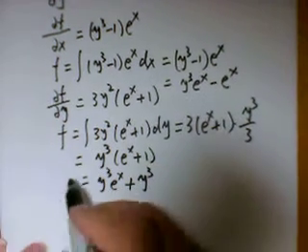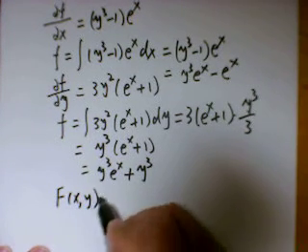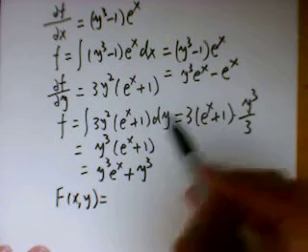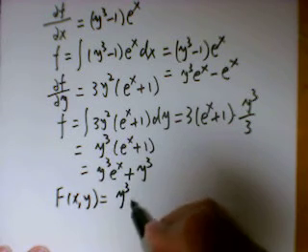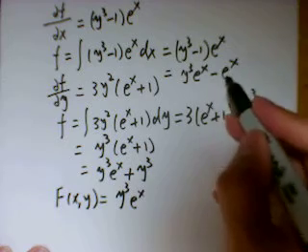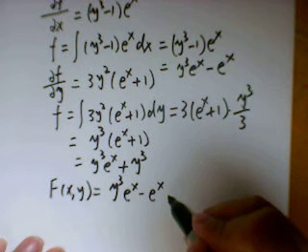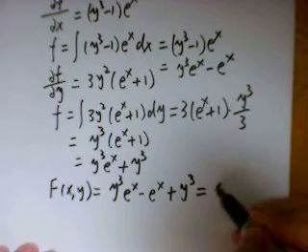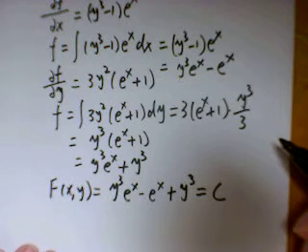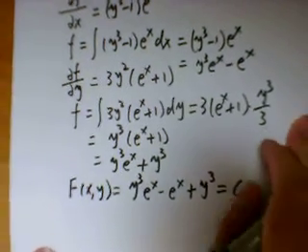So the solution is gonna be: the repeated term is y cubed e to the power x, and the non-repeated terms are negative e to the x plus y cubed, equals C. So that's the solution for the ODE.